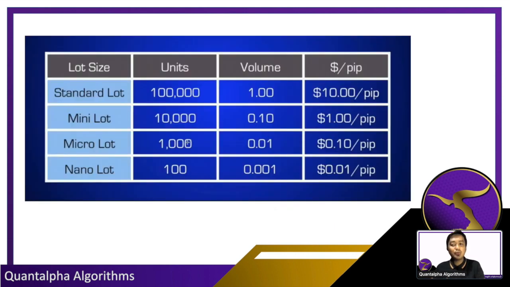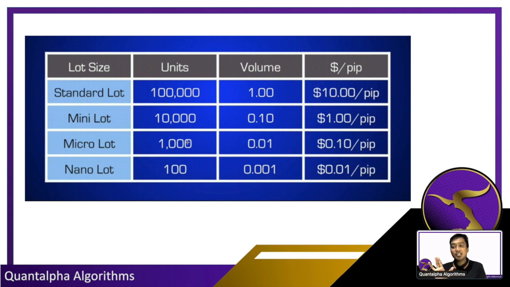Now, with regards to lot sizing, we actually have different lot sizes. But in the first place, what is a lot size? A lot size is the amount of units that we are trying to buy or sell in every forex transaction.